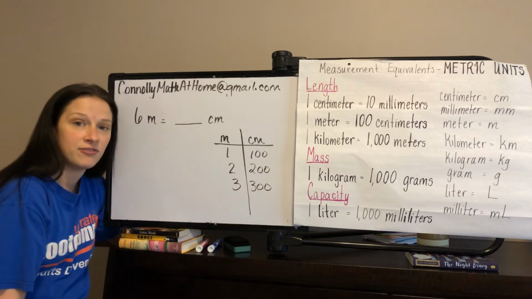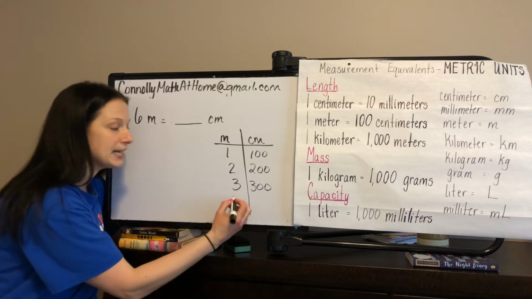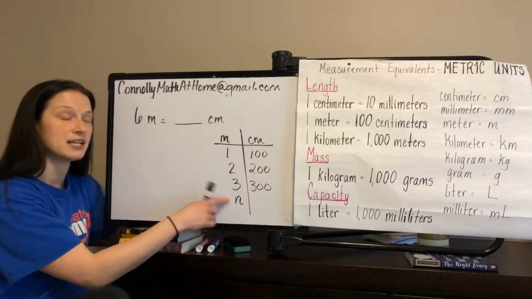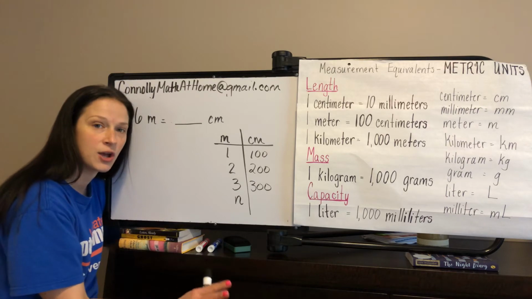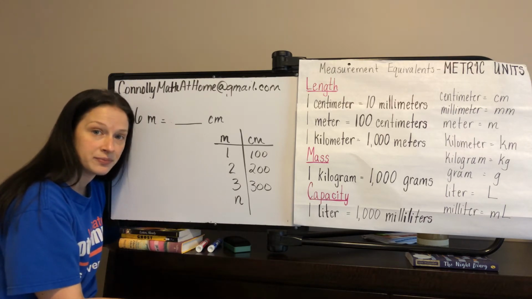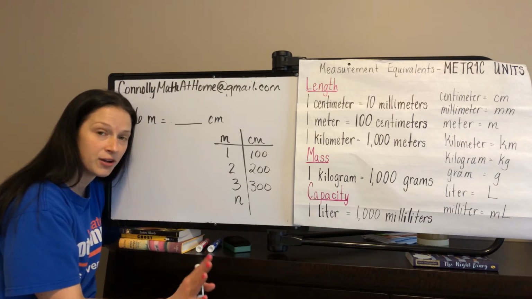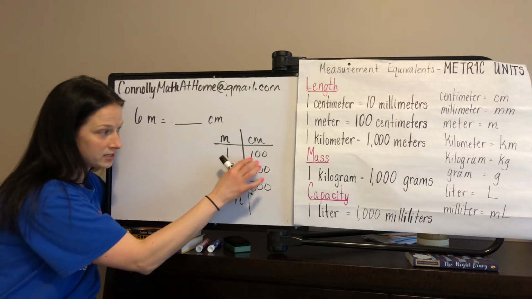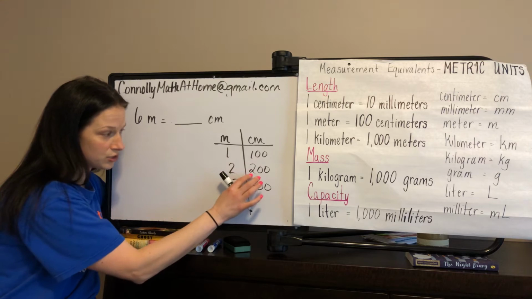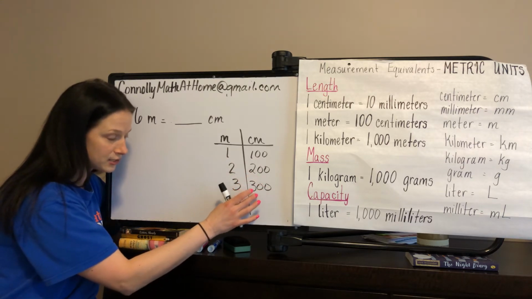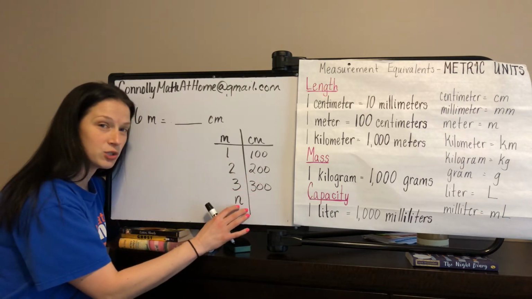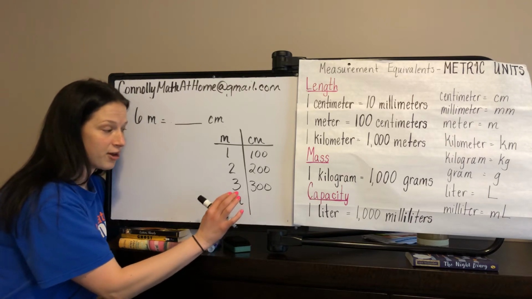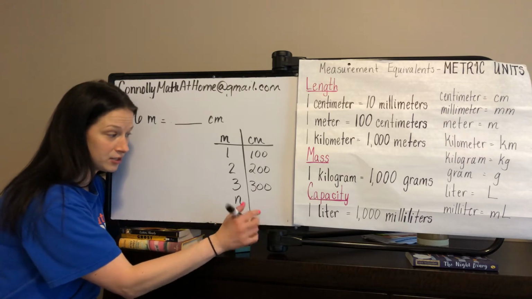And then in that video, we talked about if you had any number, n represents any number of meters, what would you do to it? Any number of meters. So if you look at what do you do to the 1 to get to 100, what do you do to the 2 to get to 200, what do you do to the 3 to get to 300? We're thinking about what do you do every single time to get from meters to centimeters.